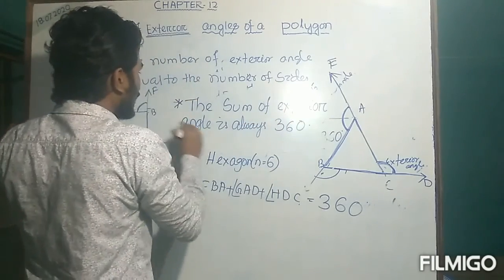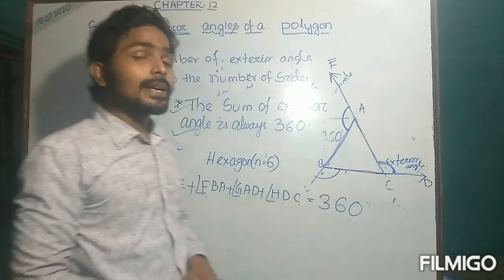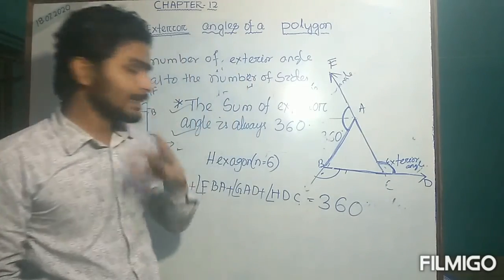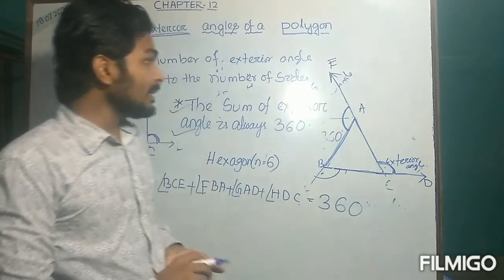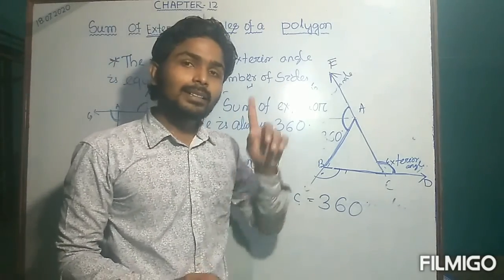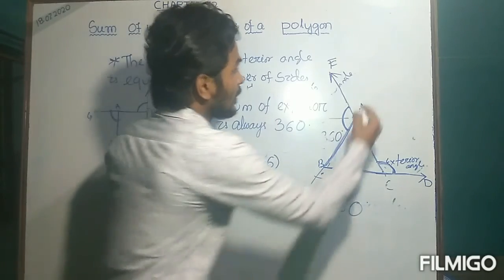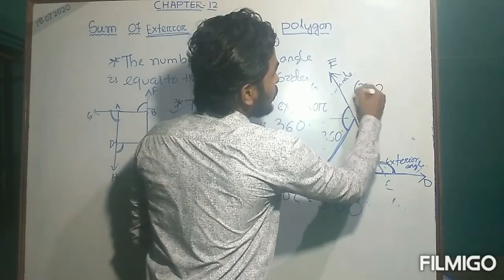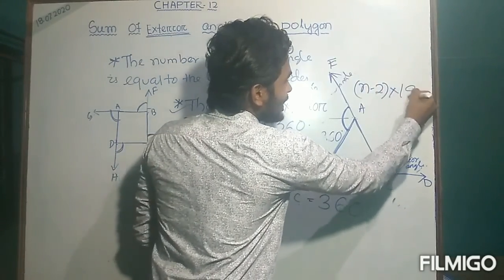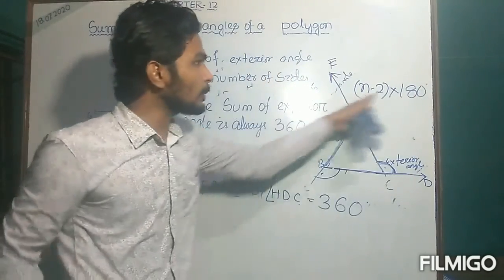Okay, this is the most important point. And remember, the sum of the interior angles is (n minus 2) times 180 degrees. These two you have to remember.